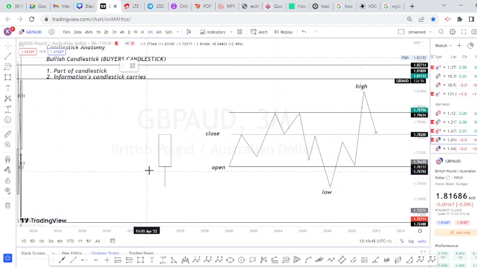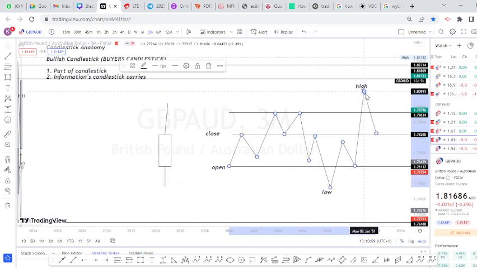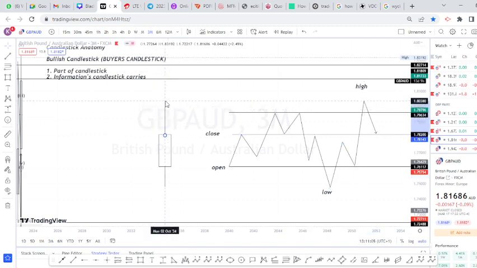Remember that. Then after that, it moves up again with a strong rally up to this high, to form a high here. Then sellers came in again to push it down, and the price closes around here.